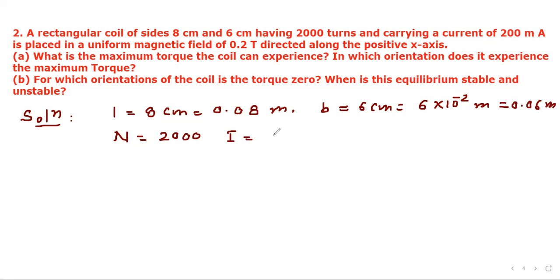I is given as 200 milliampere, or 200 into 10 power minus 3 ampere, and the magnetic field is given B equal to 0.2 Tesla.